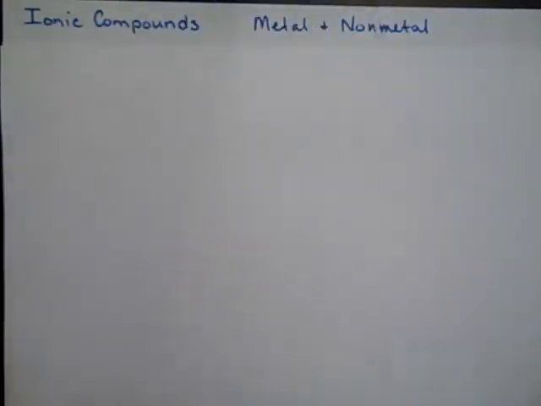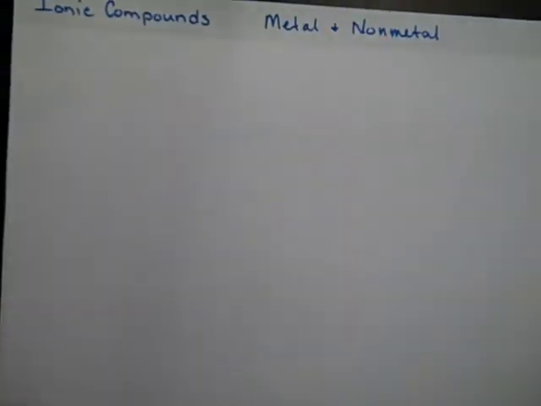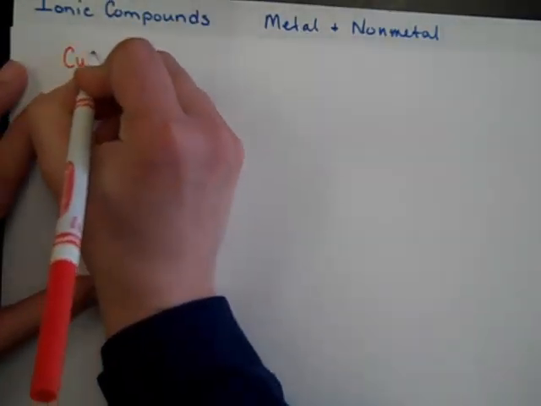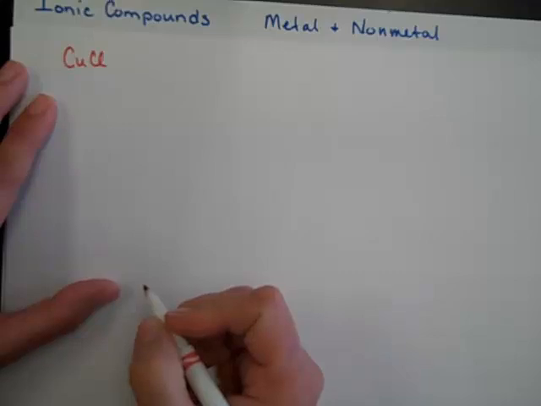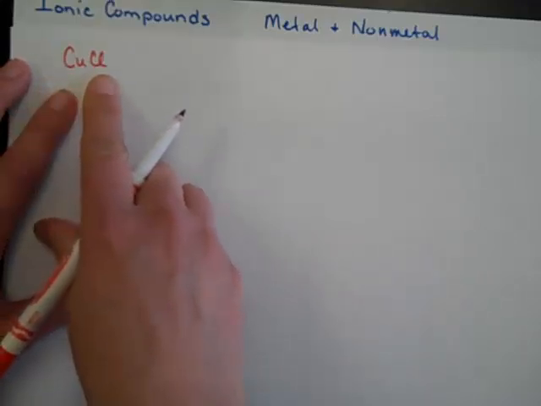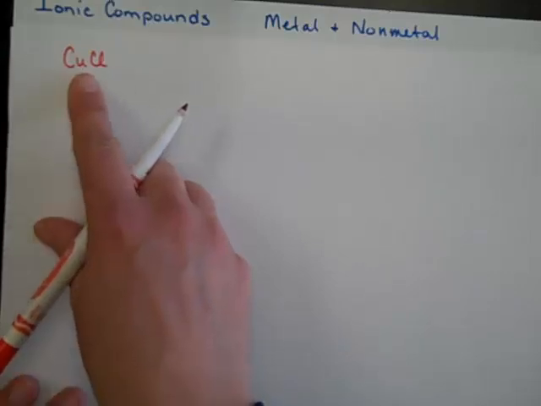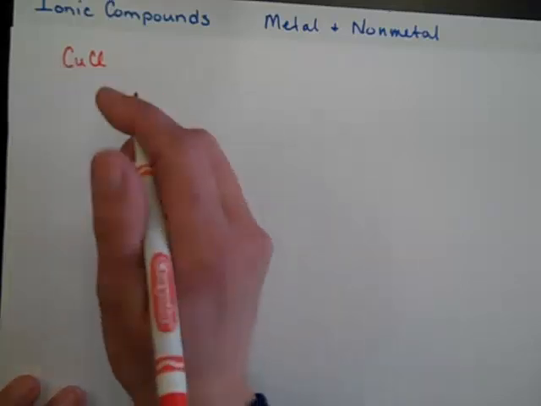So let's just say we have a compound with copper and chlorine. In this case, we know that chlorine has a -1 charge, and if this is balanced, copper must have a +1 charge.